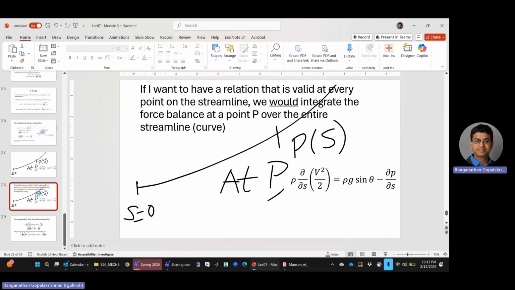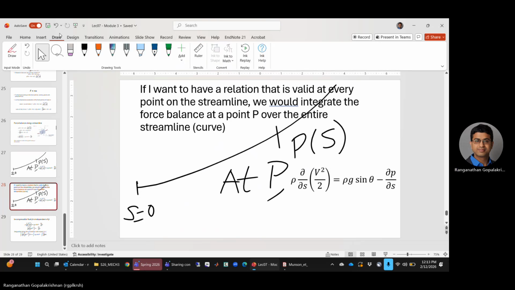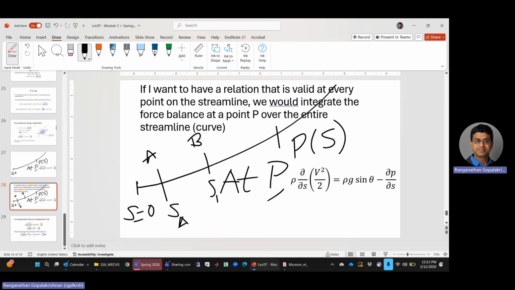Okay. So if I want to do the integration, I would pick 2 points. Let me call them A, where the distance is SA, and B, where the distance is SB.